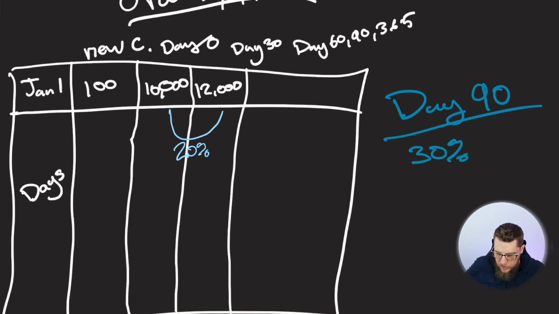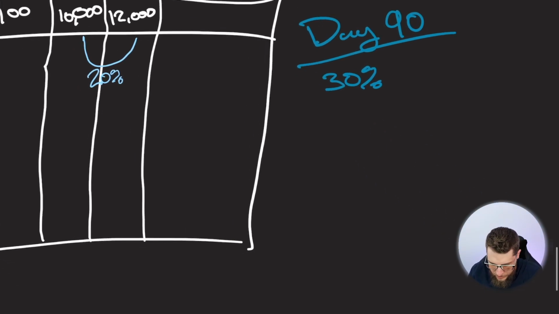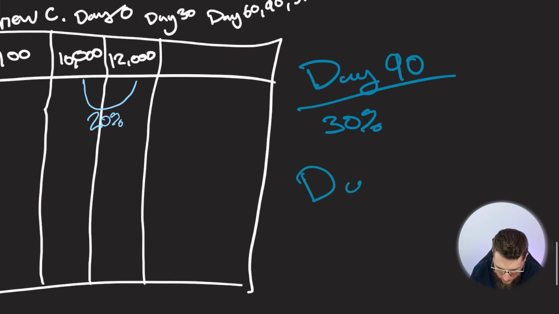What that means is between day 0 and day 90, a certain portion of your customers are going to reorder. Not for every business, but for the majority of businesses, the benchmark is that between day 0 and day 90, your customers are going to reorder, and so that total accumulated value for them should be 30% higher after day 90. And then the other benchmark is after day 365.